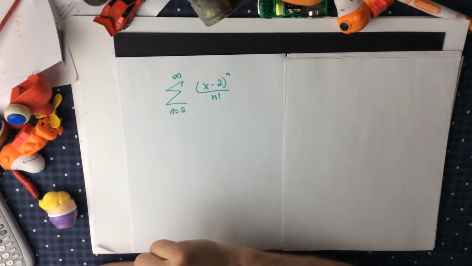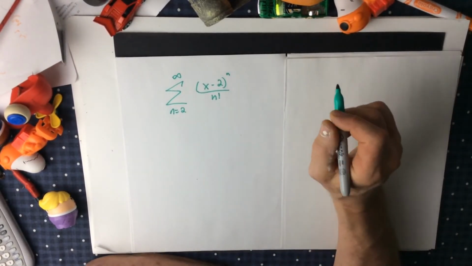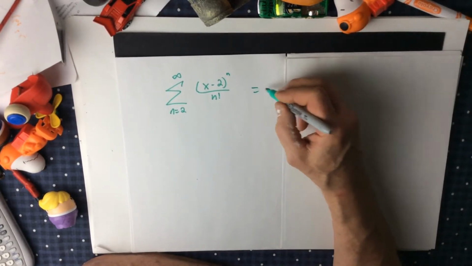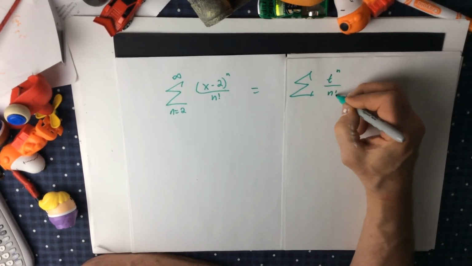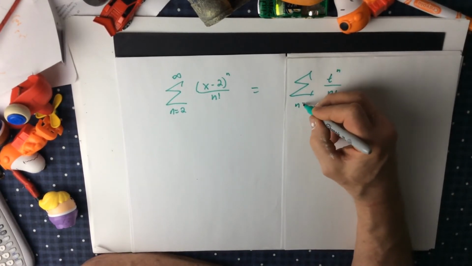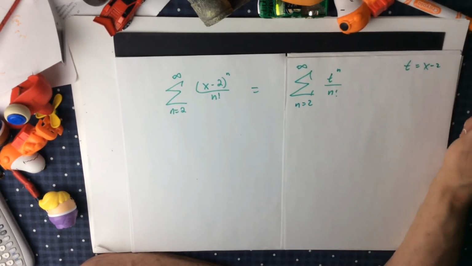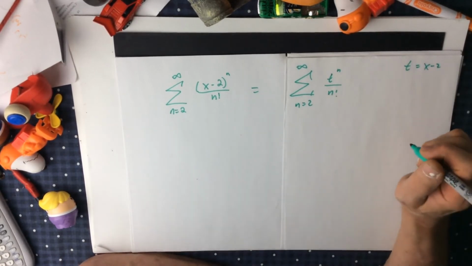For what values of x does this converge? Well, first off, let's not worry about x minus 2. Let's write it as t to the n over n factorial, n equals 2 to infinity, where t represents x minus 2. All of a sudden, it looks like a power series, but using t in its place.